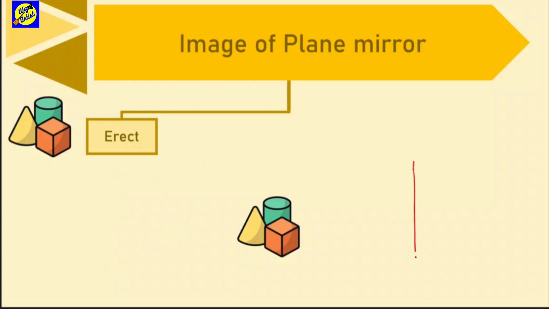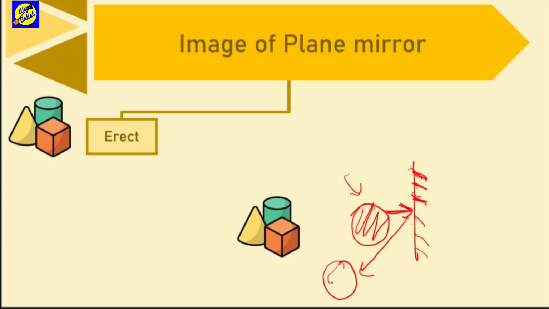Quick doubt clearing. What is the difference between an object and an image? The thing in the real world that you're placing in front of the mirror is called the object, right? So this is the object that you're placing. And then when the light is reflected, the reflection that we see is called the image.